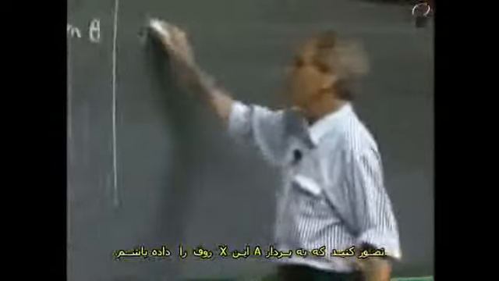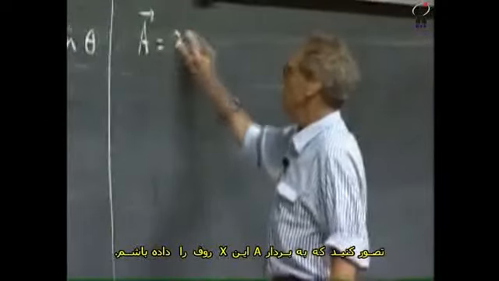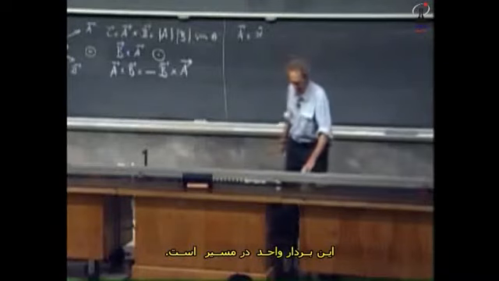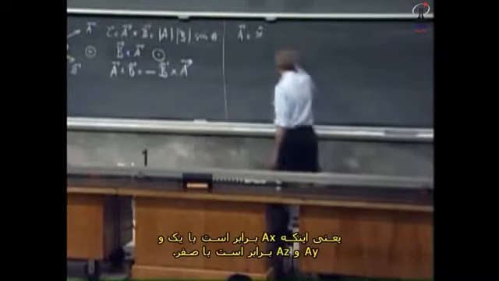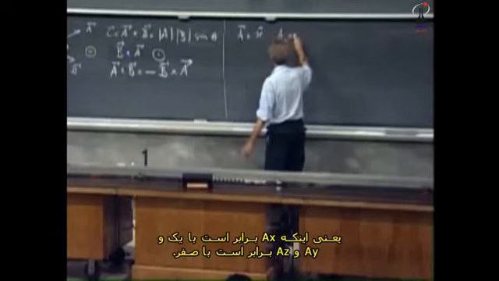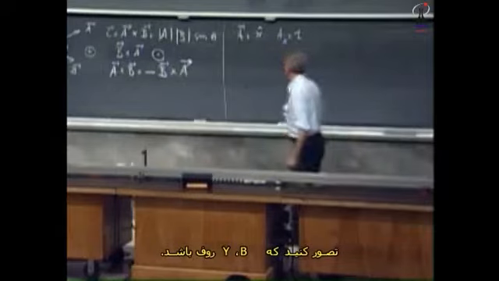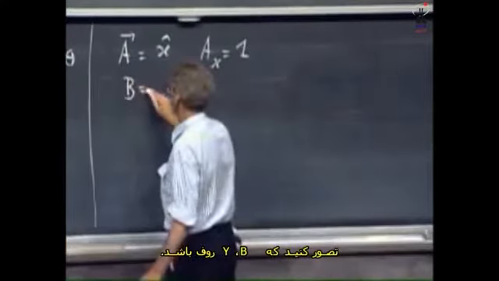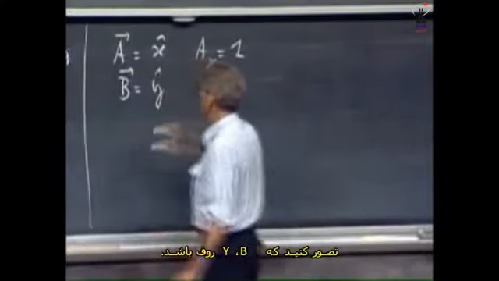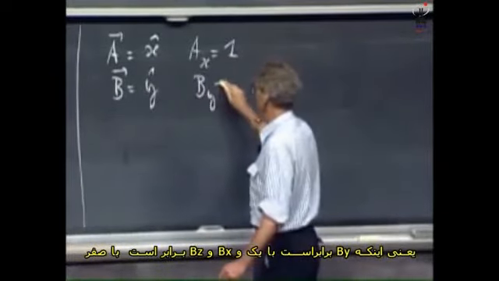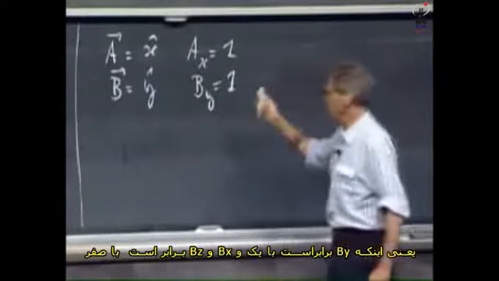Suppose I gave the vector A is x roof. It's a unit vector in the x direction. That means A of x is 1, and A of y is 0, and A of z is 0. And suppose B is y roof. That means B of y is 1, and B of x is 0, and B of z is 0.